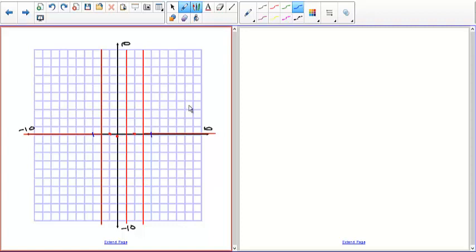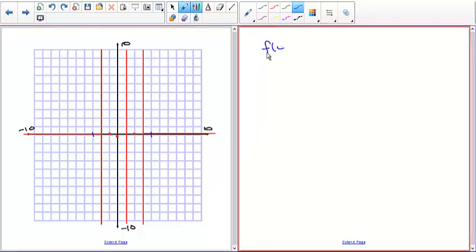So we're going to do f of 4 and 1, 2, 3, f of -3. So those are 1 unit outside the vertical asymptotes, the ones that are outside them.